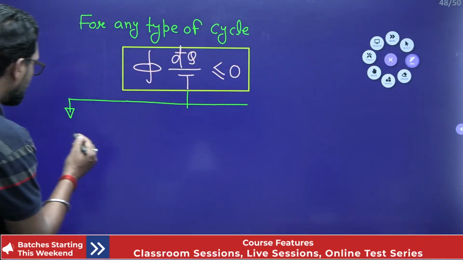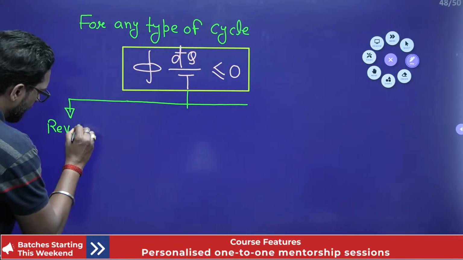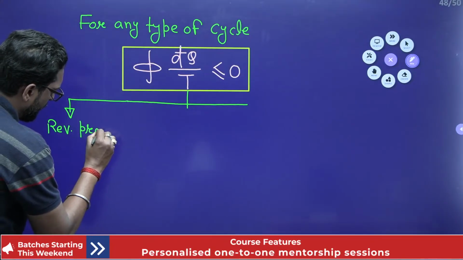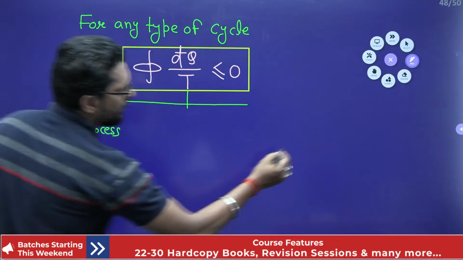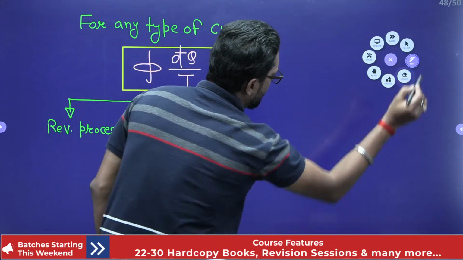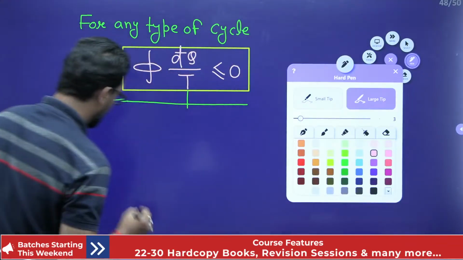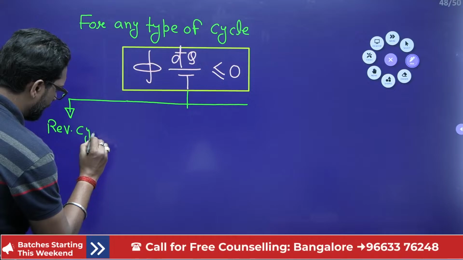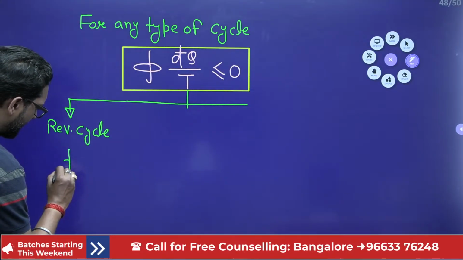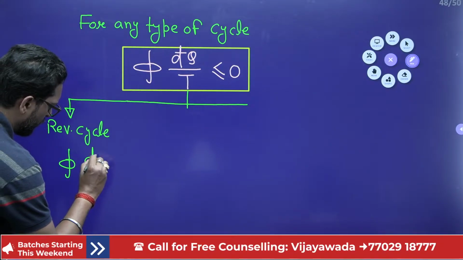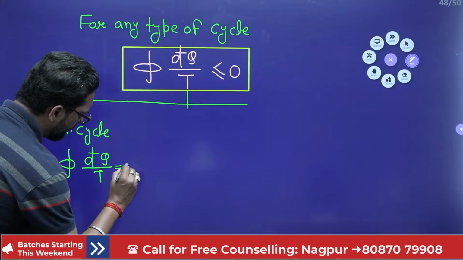Okay, that means for the reversible process, not process beta, cycle. Okay, this is a little bit of a mistake here. It is not process, it is a cycle. For the reversible cycle, we can say that the cyclic integration of dq by t is equal to 0.